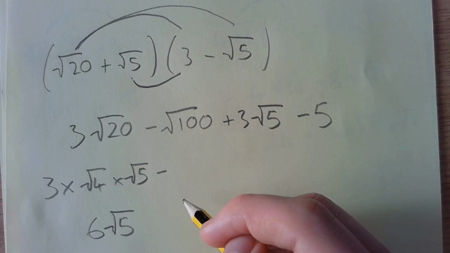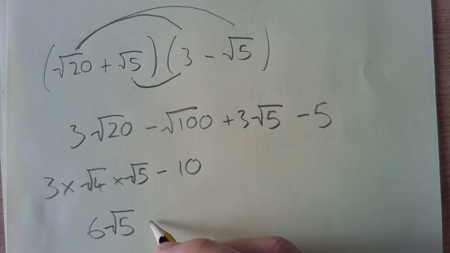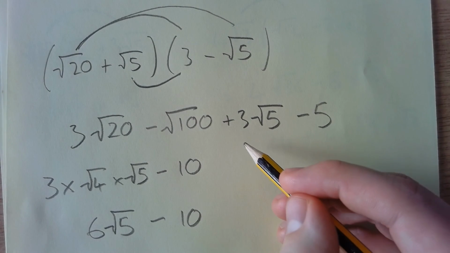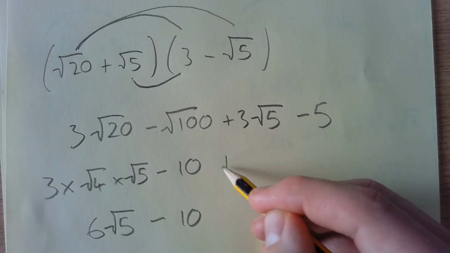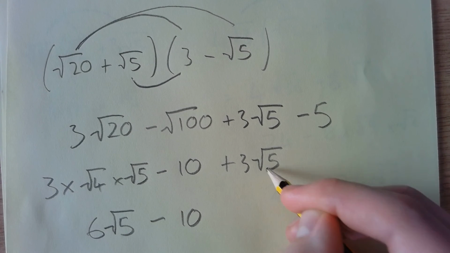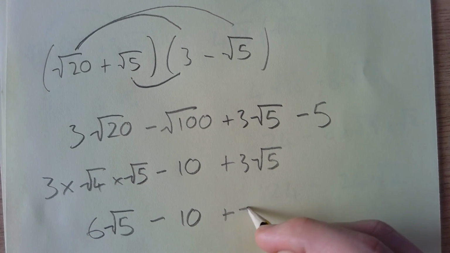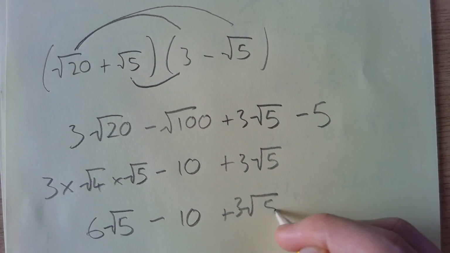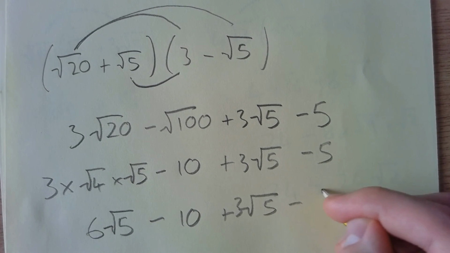Square root of 100 is obviously 10. 3 root 5, I can't do anything with that on its own at the moment. And then obviously minus 5. I can't do anything with that on its own at the moment.